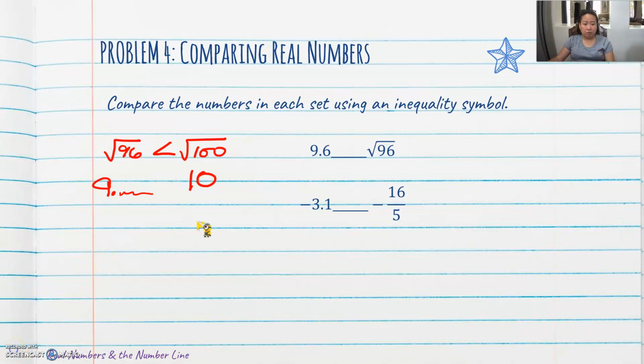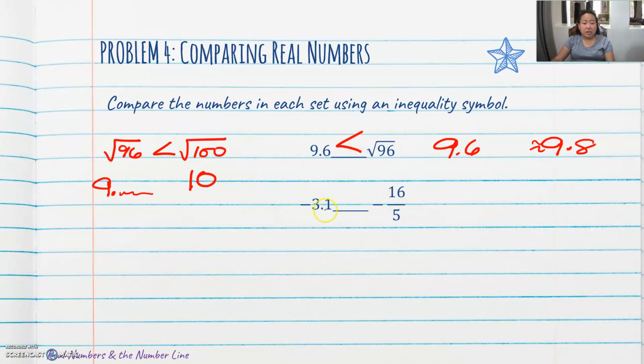If you check with your calculator, the exact value of the square root of 96 is about 9.8, all right? So if you now compare 9.6 with around 9.8, we know that 9.8 is higher. So again, this is going to be a less than.